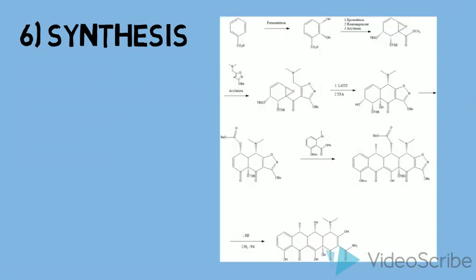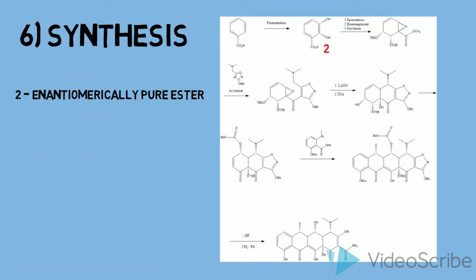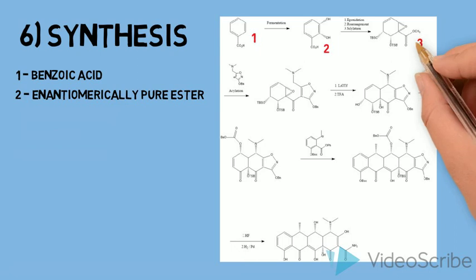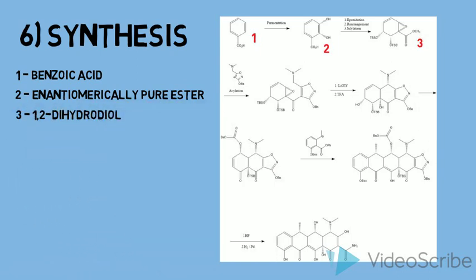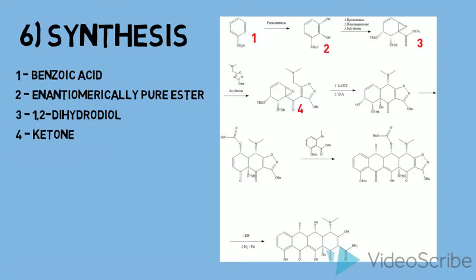The starting point for the synthesis was the enantiomerically pure ester, structure 2, prepared by the fermentation of benzoic acid, structure 1, to the 1,2-dihydrodiol, followed by the epoxidation, rearrangement, and silylation. Acylation of structure 3 with 2 gave the ketone structure 4, when on exposure to lithium trifluoromethane sulfonate, underwent a diastereoselective carbon-carbon bond-forming reaction.